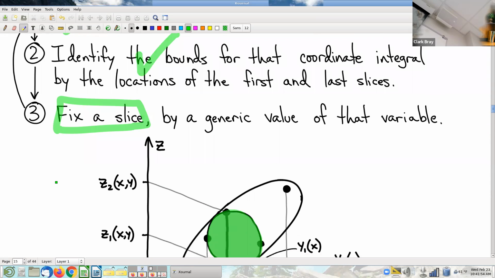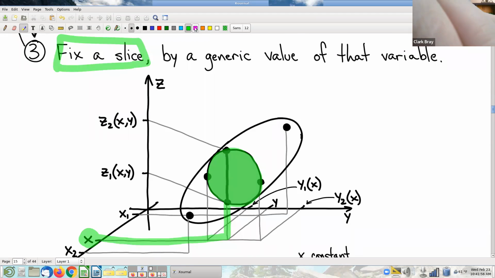And don't worry about what's happening over here. Do I need to worry about that point over there? Don't worry about it. You will get it for a different value of x than the one we happen to be looking at as our example. I mean, it is on one of the x slices. But we want to know what's happening on individual slices and how that varies with x. So we're fixing a value of x and focusing on just that value of x.